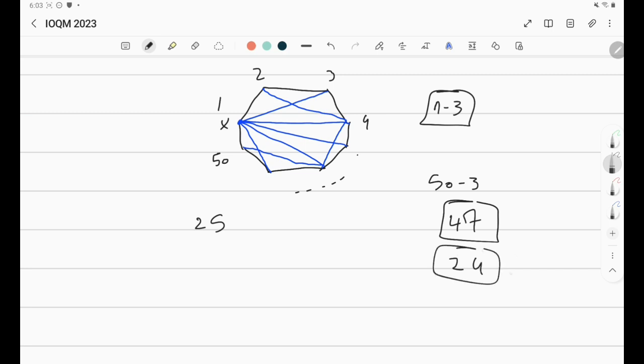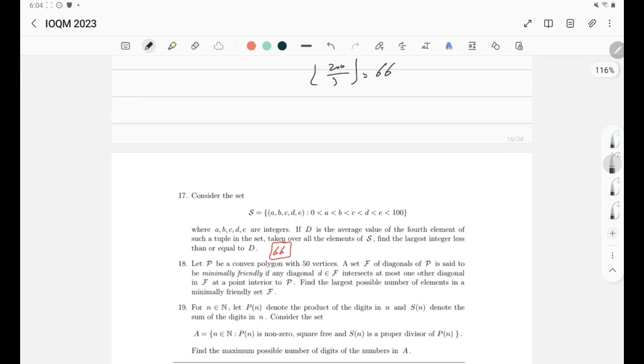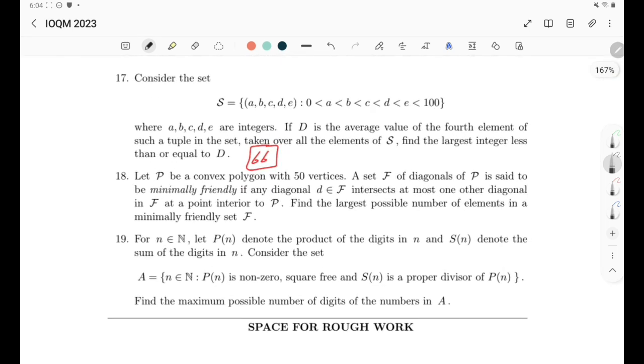So if we add these together, we're going to get 71, which is indeed our answer. Again, as I told you, this is not a complete proof, but in this contest you don't have time to work out a complete proof. You need to follow your instinct here.